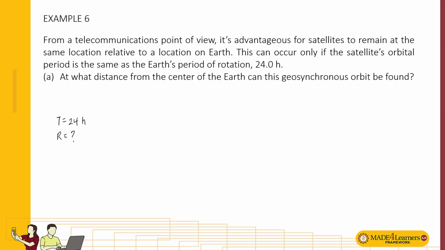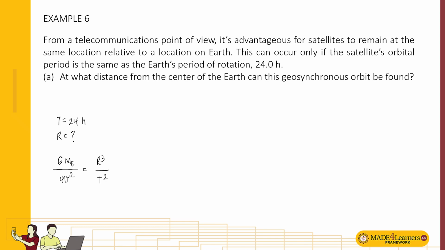To solve for this, we use the equation: the gravitational constant times the mass of the Earth over 4 pi squared is equal to R cubed over T squared.